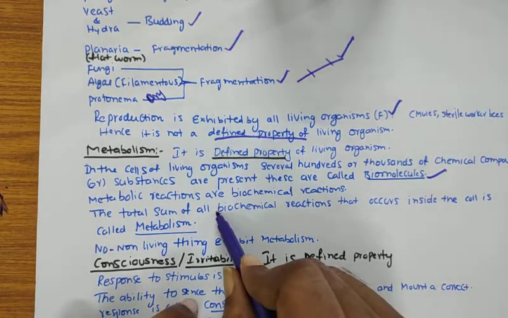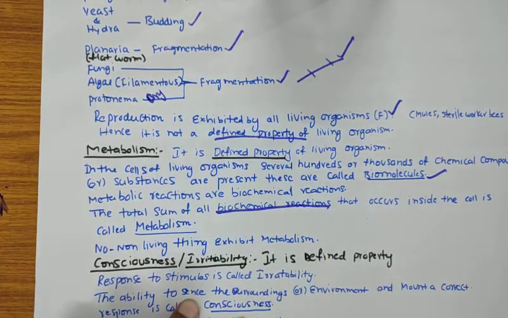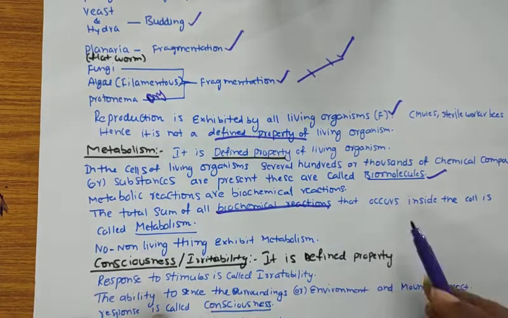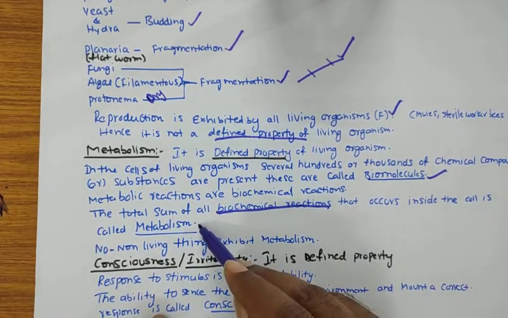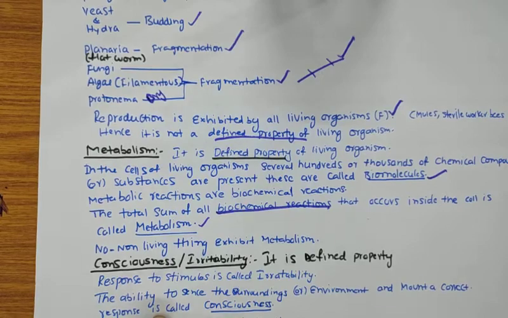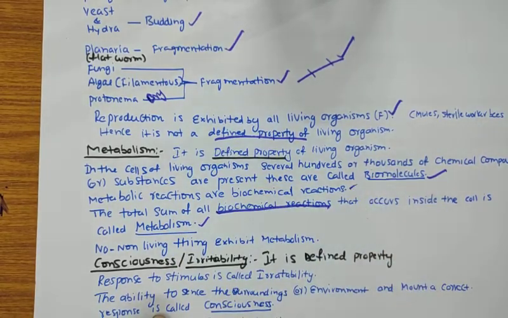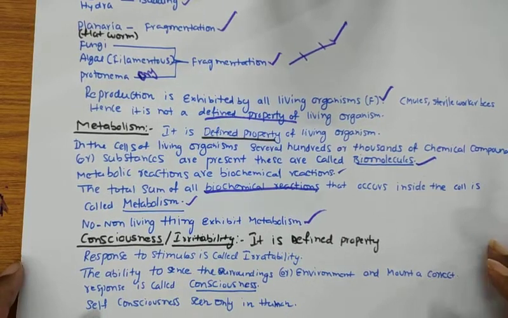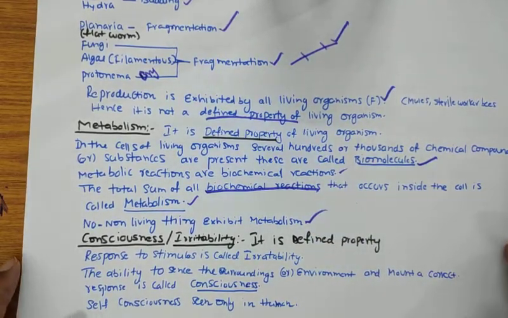Those reactions are called biochemical reactions. The total sum of biochemical reactions that occur inside the cell is called metabolism. Metabolic reactions are biochemical reactions. No non-living things exhibit metabolism. So metabolism is a defining property of a living organism.